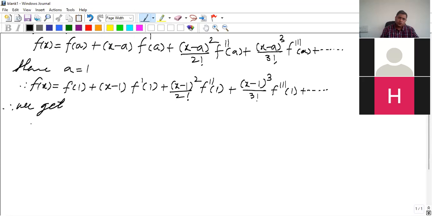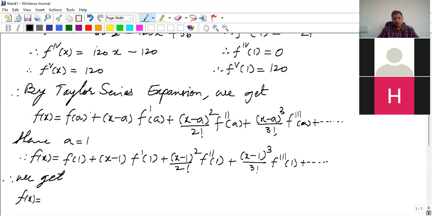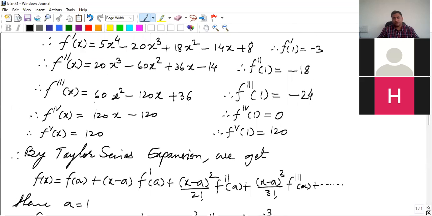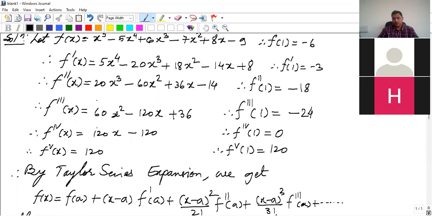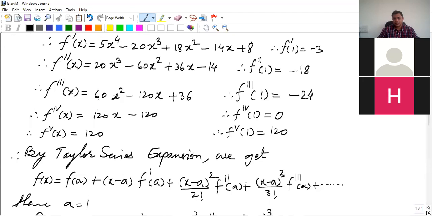Hence we get f of x is equal to f of 1. What is the value of f of 1? Sorry, it's going to be minus 6.